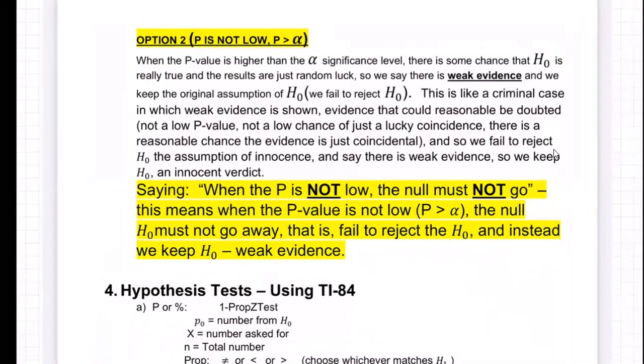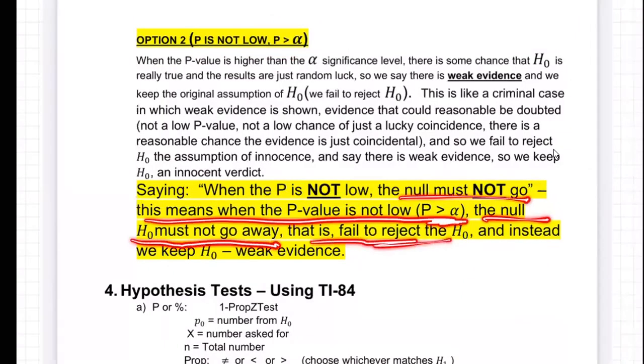And that says P is not low, meaning when P is greater, P is not low. Here's the saying: when P is not low, the null must not go, right? That's our catchy saying that I hope is helping you. This means that when the p-value is not low, it's greater, the null H0 must not go away. That is, we fail to reject the null and instead we keep the null.